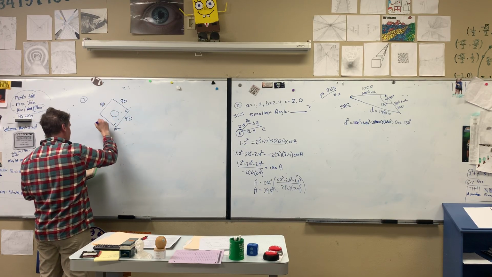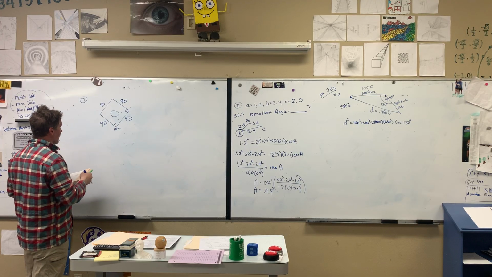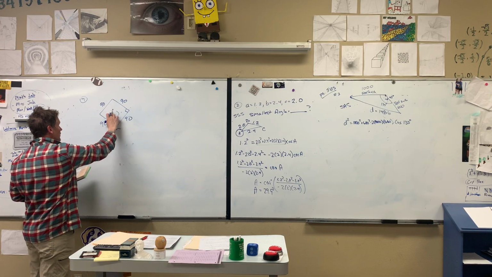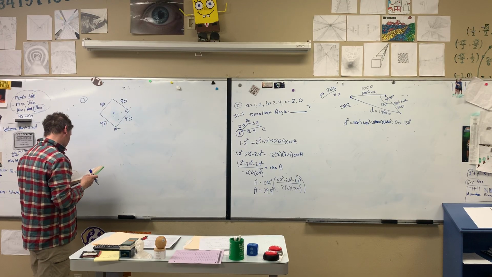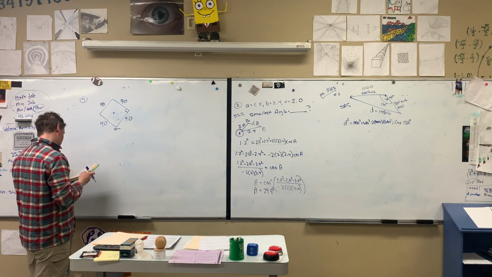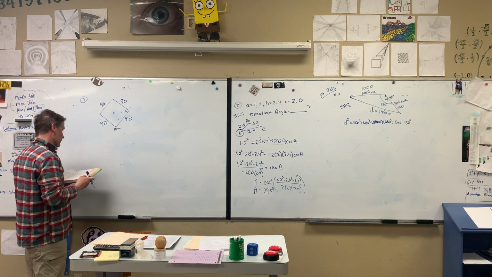90 feet, 90 feet. And so on number 7, it says a baseball diamond is a square 90 feet on the side. And then you have this pitcher's mound. I'm going to get rid of that excess. Put a dot there. There's our pitcher's mound. It says the pitcher's mound is 60.5 feet from home plate. How far is it from the mound to first base?